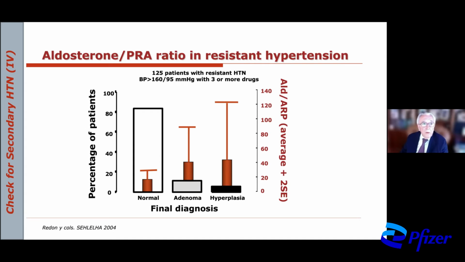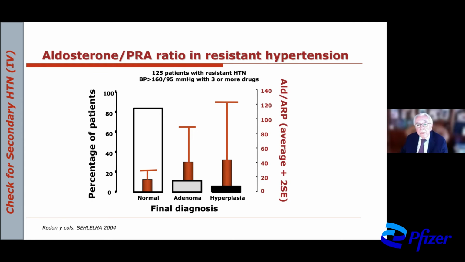The fourth, for sure, is to rule out secondary hypertension. Mainly, the most frequent is hyperaldosteronism. And very easily, you can assess aldosterone and plasma renin activity in conditions where you can maintain drugs.